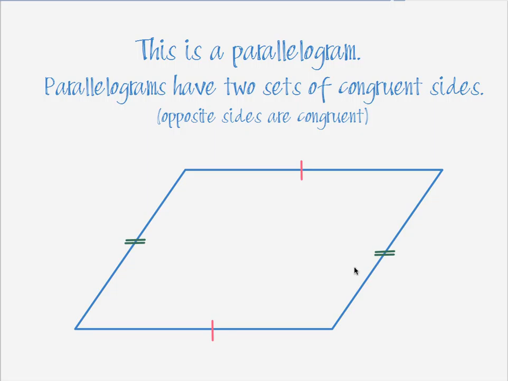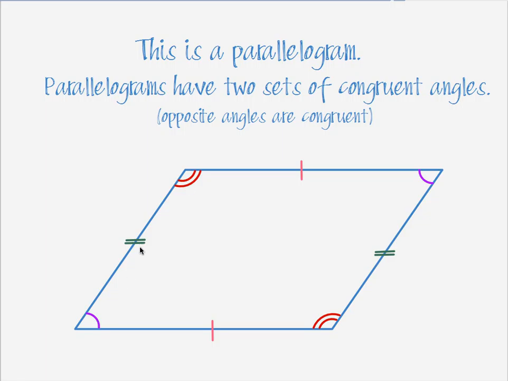If you think about it, a rectangle and a square are both parallelograms because the opposite sides in a rectangle or a square are congruent. We also have opposite angles that are congruent.